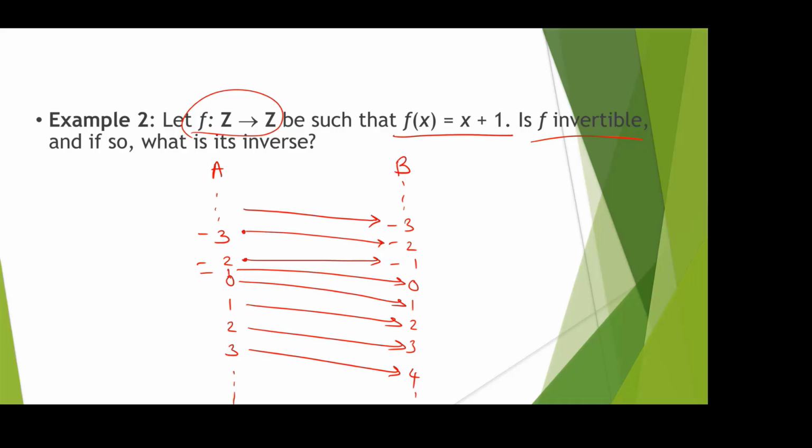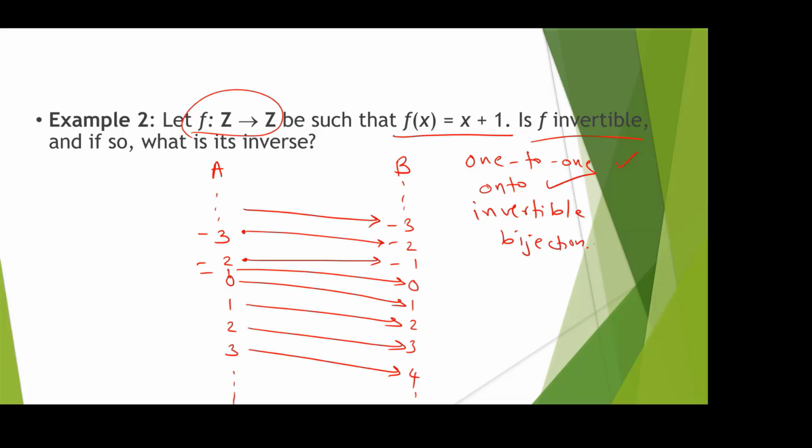So what can we say? Is it one-to-one? Yes, because every value has a unique value. Is it onto? Yes. If we can reach some value, then obviously we can also reach one value less than that. So it is one-to-one and onto, and that's why we can say that this is invertible, or a bijection.